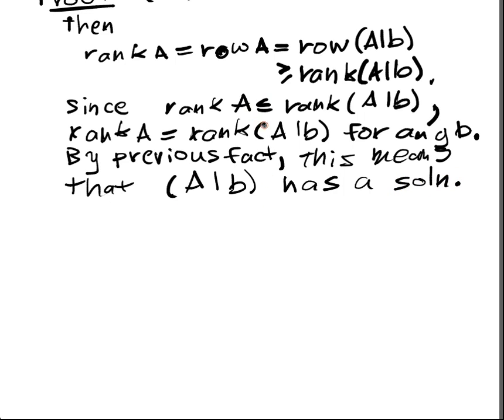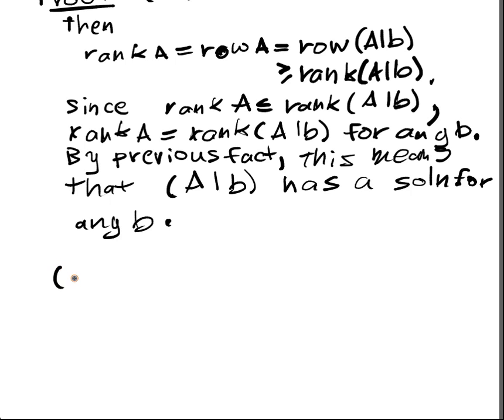And that means we're done with the if part. So we've shown that rank of A equal to the number of rows of A implies that this has a solution for any B. And that covers the if part.